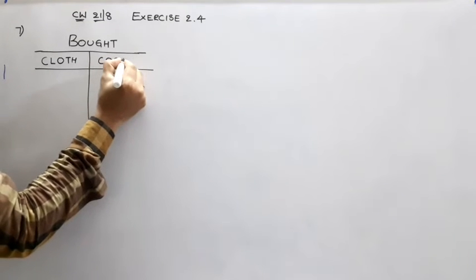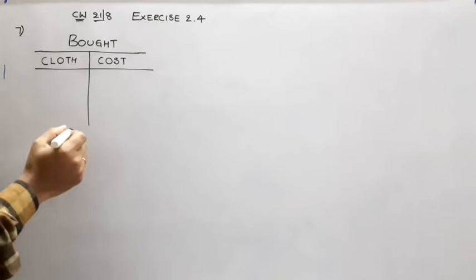In this we have two more areas. One is cloth, and the second one is cost.